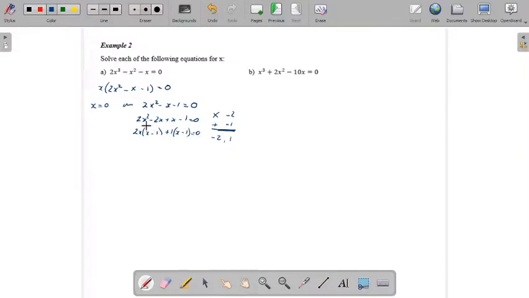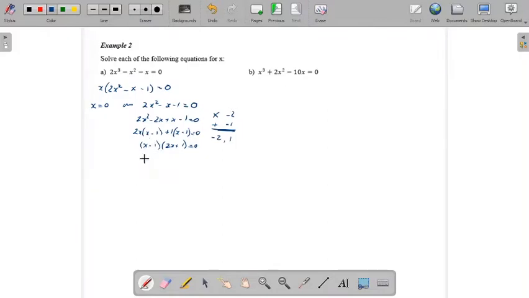We know we've done it right if in these brackets we have the same expression. Then we factorise with the common factor of x minus 1, which leaves us with 2x plus 1. So our quadratic can be factorised to x minus 1 times 2x plus 1 equals 0.